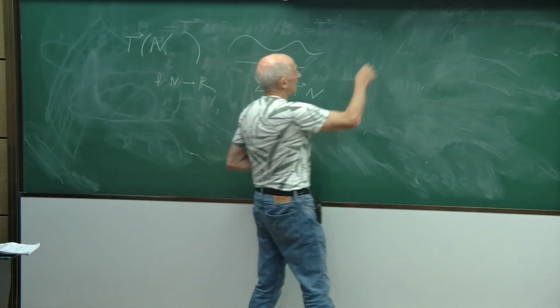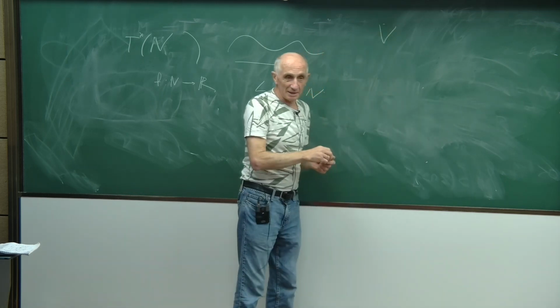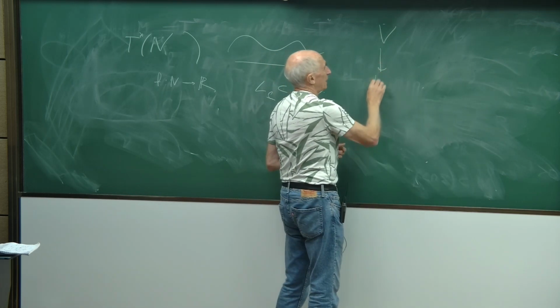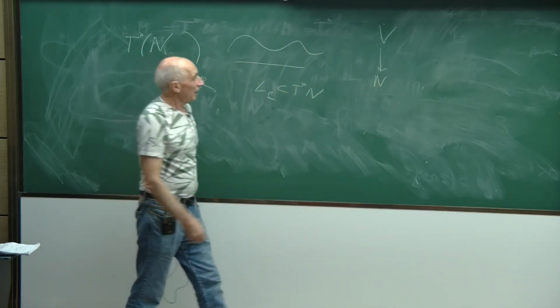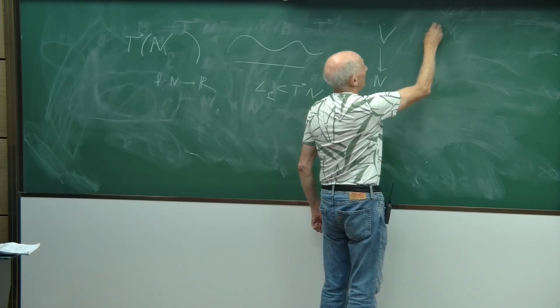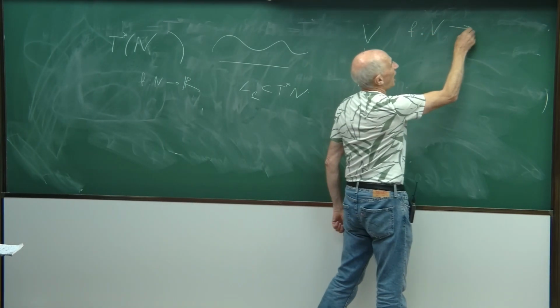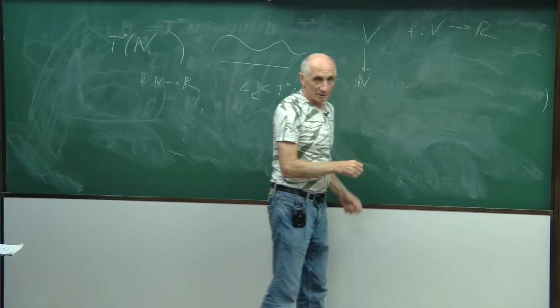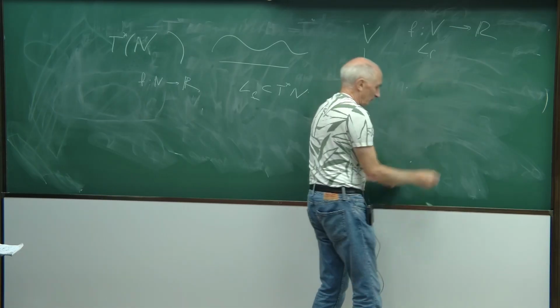I take some manifold V, which is a fibration over N, a fiber bundle over N. Now suppose you take a function V to R. Then this gives me L_F.